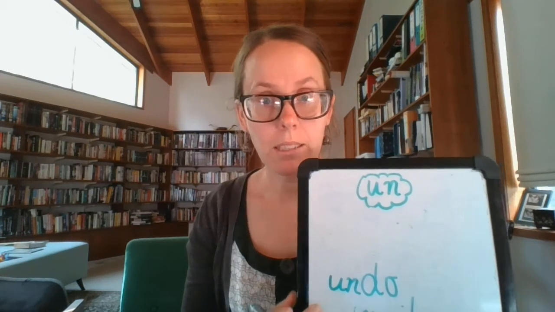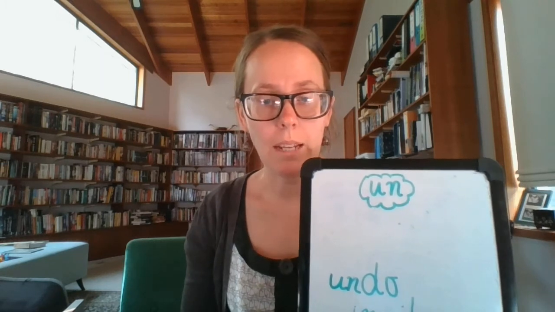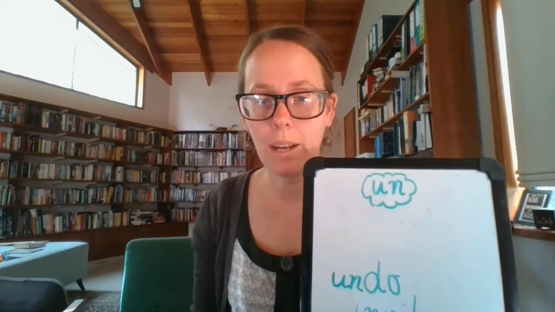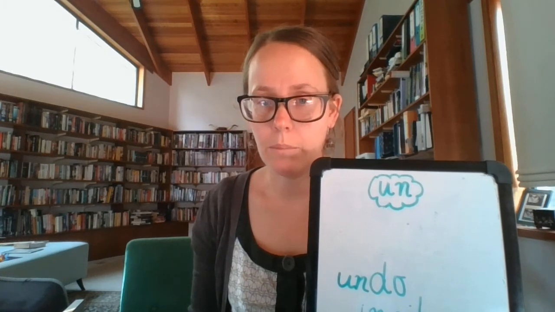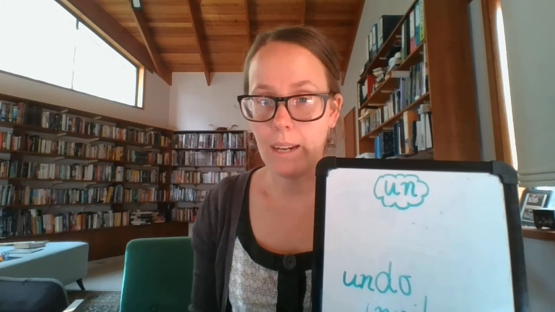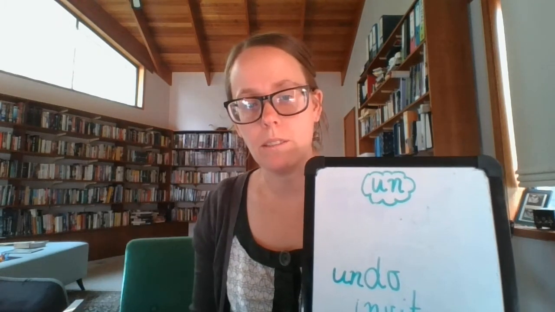Undo. That's the opposite meaning now. I've changed the meaning. Undo means to take something apart. I might do up my shoelaces at the beginning of the day, and at the end of the day, I might undo my shoelaces. Pretty tricky, this prefix.